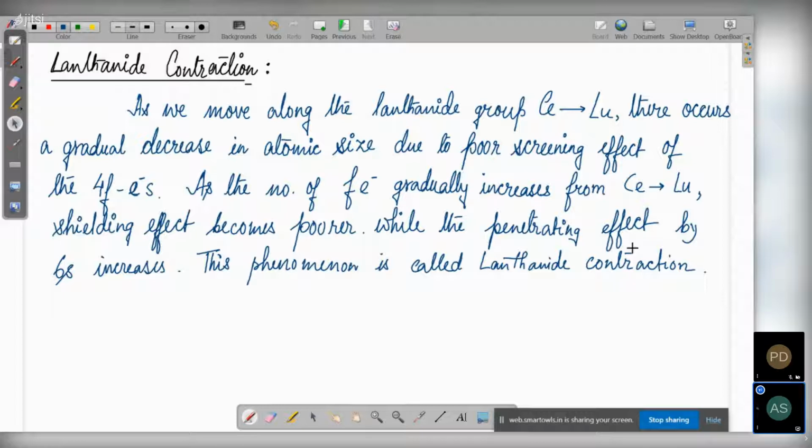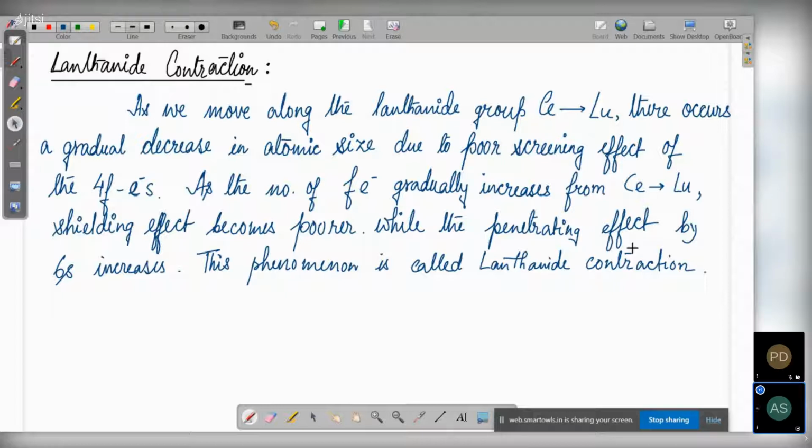Why? Because of the poor screening effect of the 4f electron. And the more we move from cerium to lutetium, the number of f electrons slowly goes on increasing, and the screening effect becomes more and more poor.